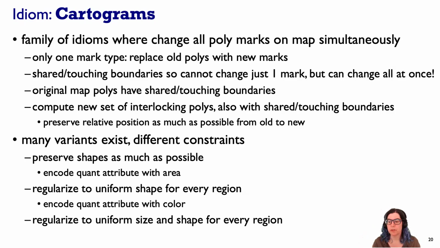And we do our best to preserve the shape. Another approach is we say, well, actually, we're going to throw away the shape. We're going to regularize to a completely uniform shape for each region, and then we're going to encode something with color, much like we do with choropleths. Or we could go even further, and not only regularize the shape, but also the size. So let's look at some examples.